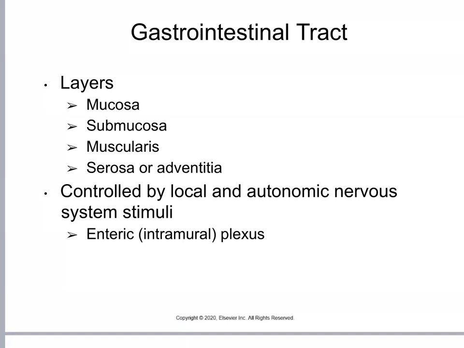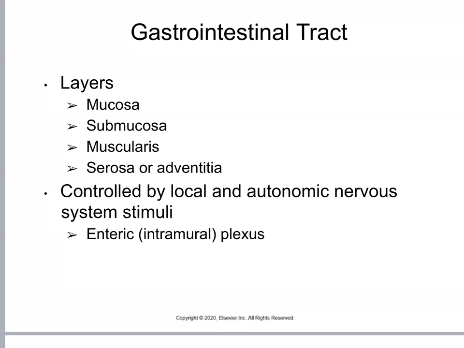The submucosa is just beneath the mucosa, and it's a connective tissue layer. And that is where all the blood vessels, lymphatic vessels, and nerves, so the submucosal or Meissner's plexus, are. This provides support and elasticity. This provides the blood flow for nutrients to be transported.